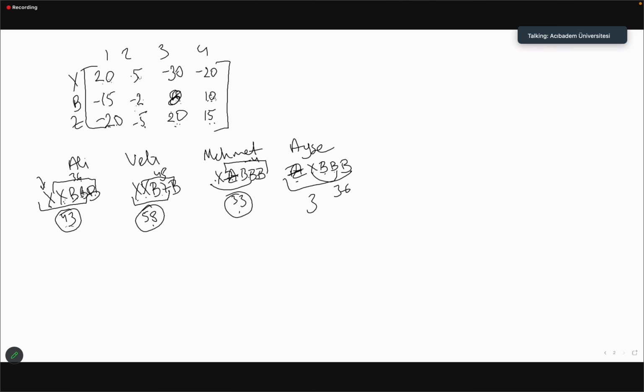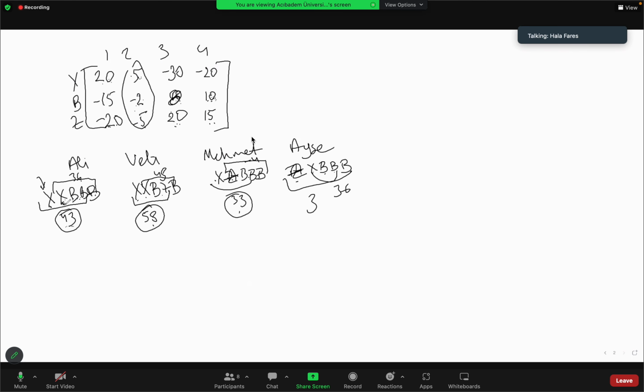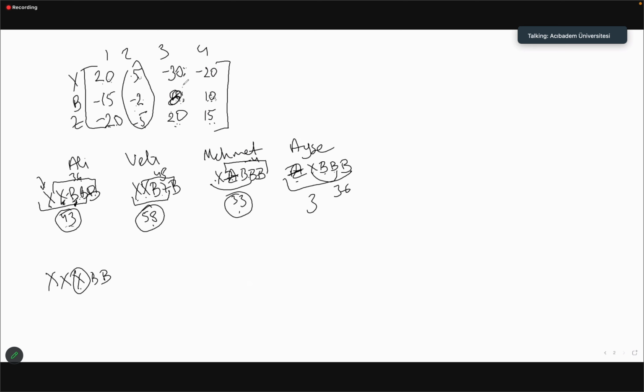It should be either these positions. This is the second position, but the second position is not important. The third position has the highest, negative 30. You can change that to X. So XXBB, that could be one alternative. From B to X, you are losing 38 points.